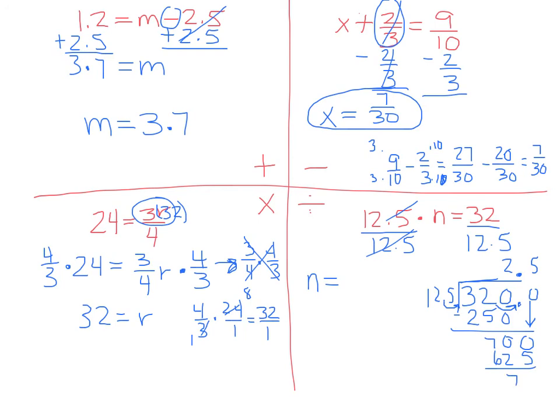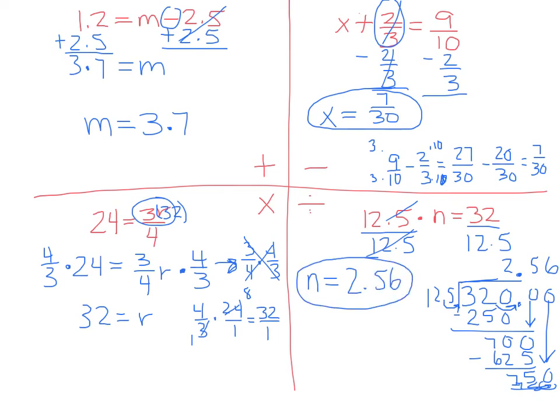You end up with 75 left over. You get another 0 and bring it down. How many times does it go into 750? It goes in there 6 times. I ran out of room, but it'd be 750, 0. So you end up with 2 and 56 hundredths as your final answer.